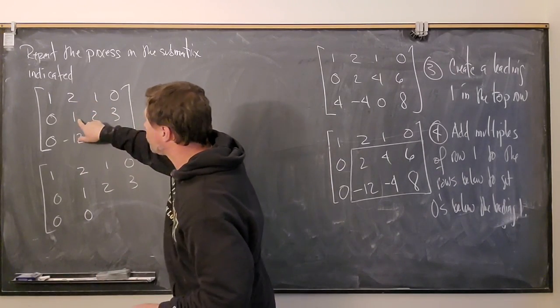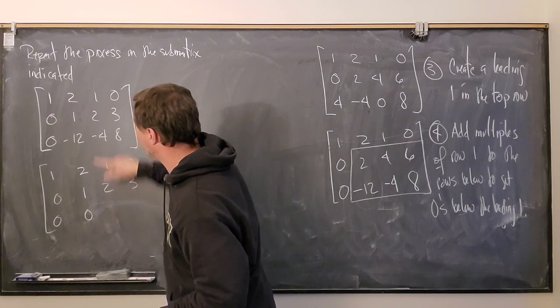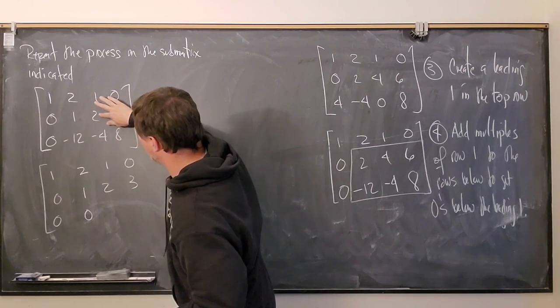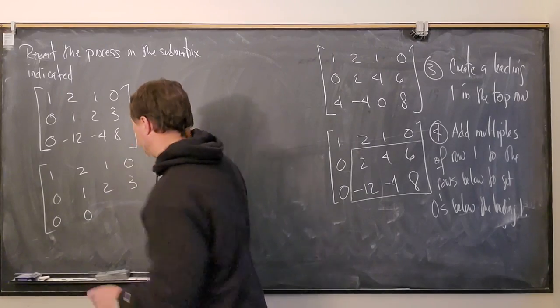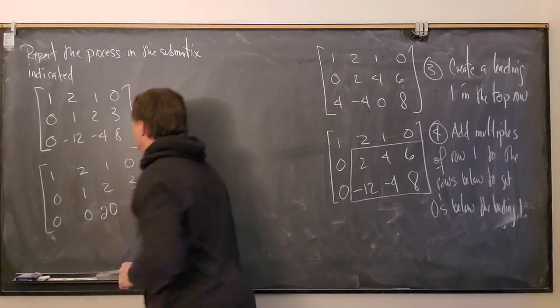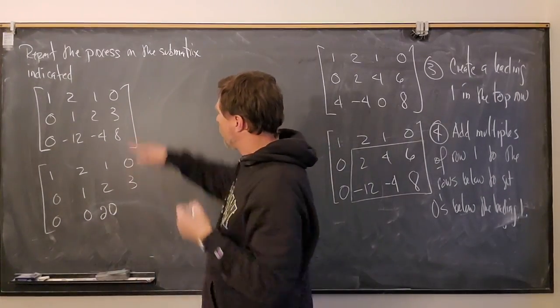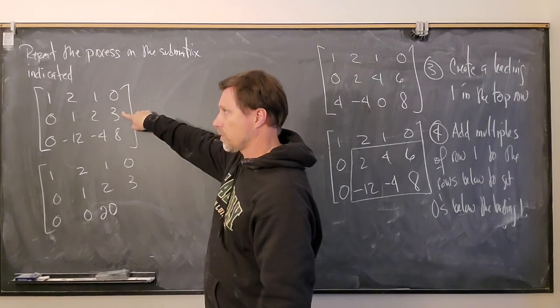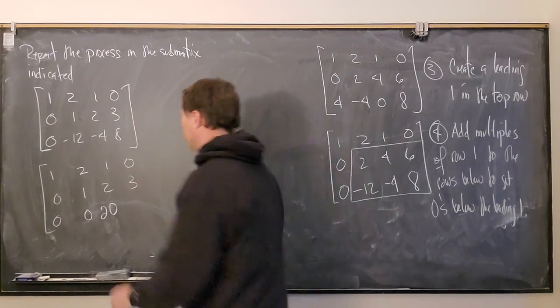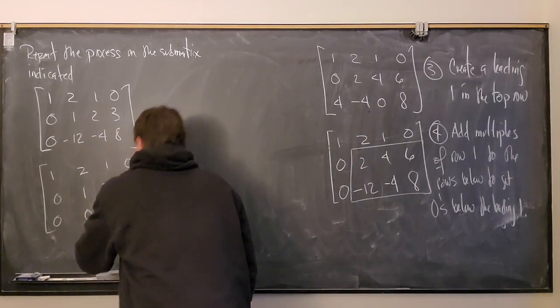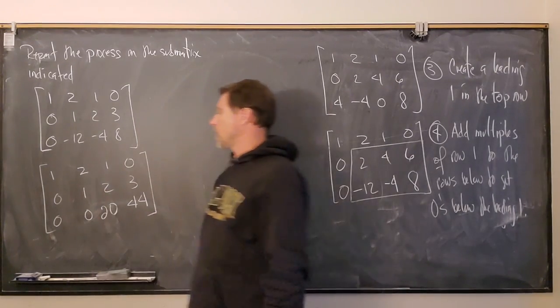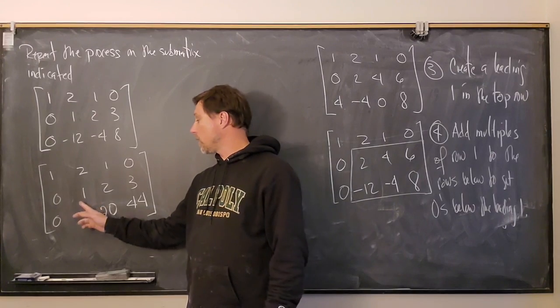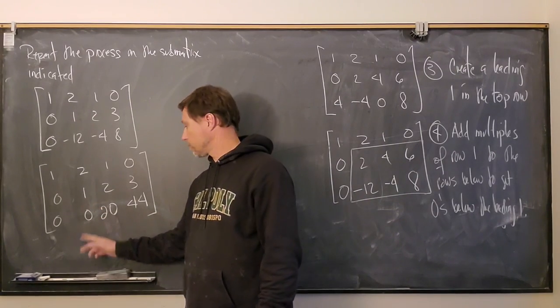When I add 12 to -12, I get 0. This will be 24 plus -4 gives me a positive 20 right there. 3 times 12 is 36, plus 8, 44. All right, now we've got a leading 1 with zeros below it.